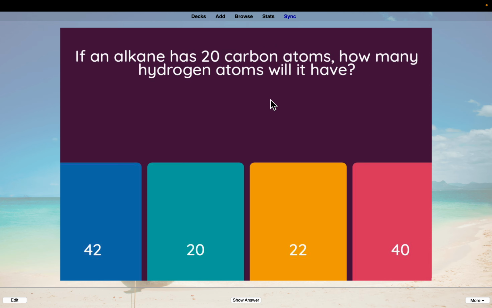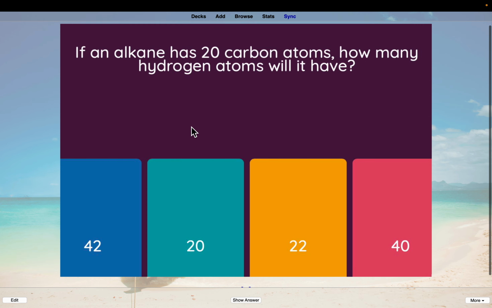If an alkane has 20 carbon atoms, how many hydrogen atoms will it have? Okay, so this is an alkane. That means no double bonds or triple bonds are present, only single bonds. It would be a lot better if we could illustrate it.